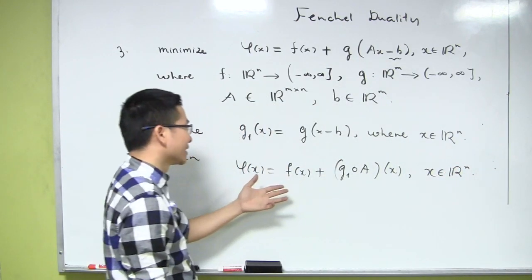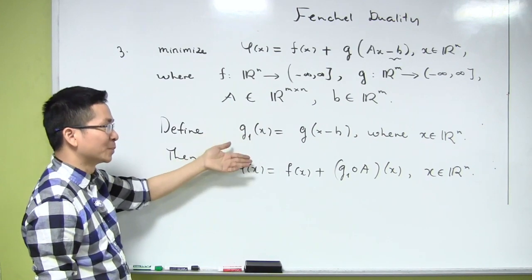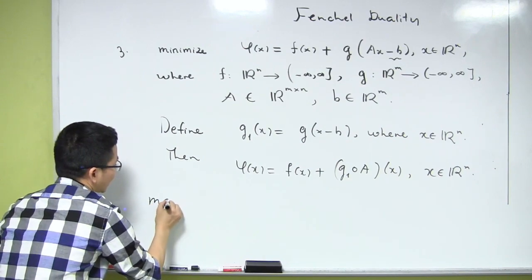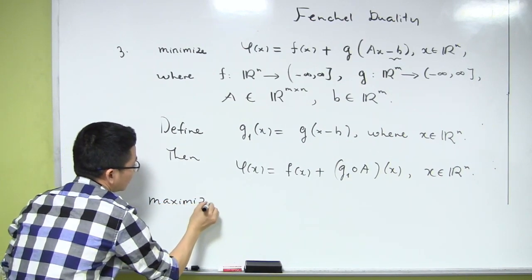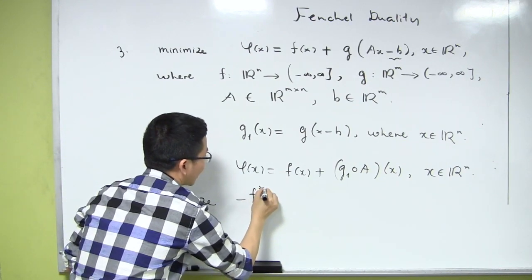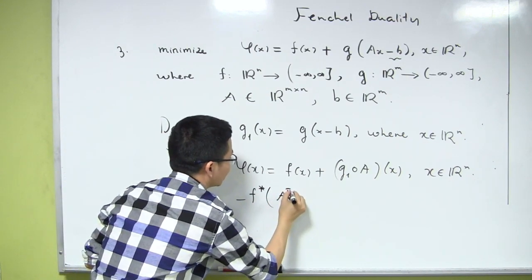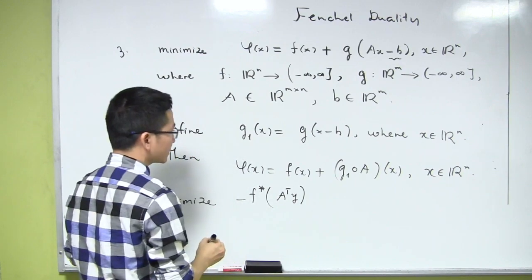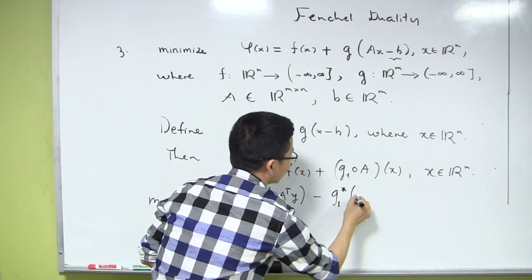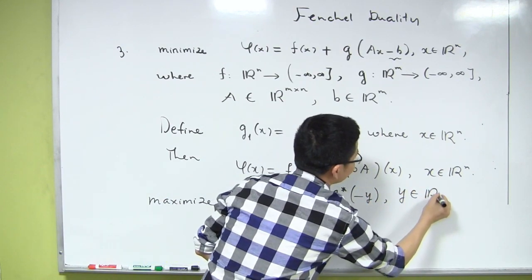Let me go ahead and write down the Fenchel dual problem. The Fenchel dual problem is to maximize minus f star of A transpose times y, minus g1 star of minus y, where y runs in R^m.